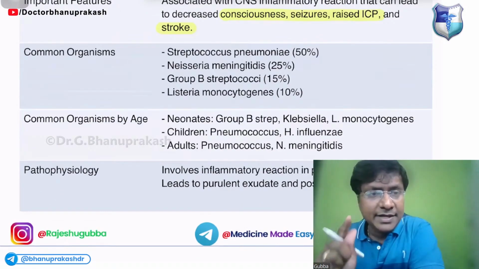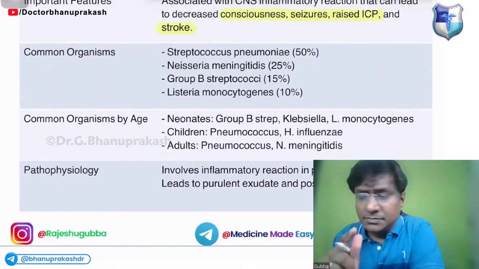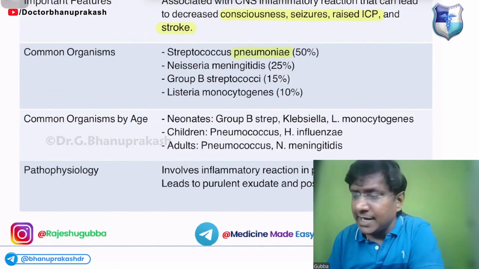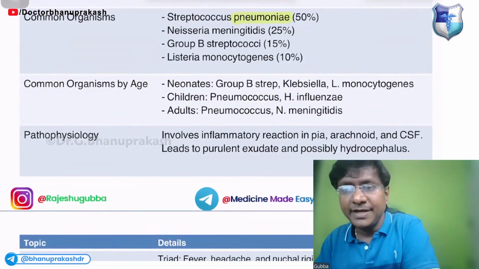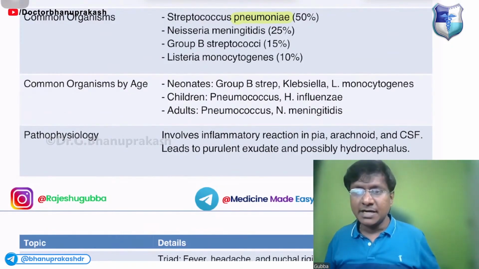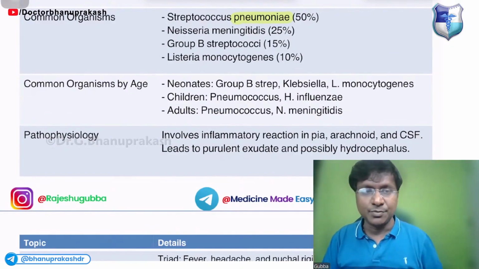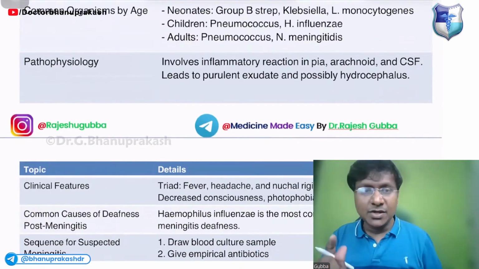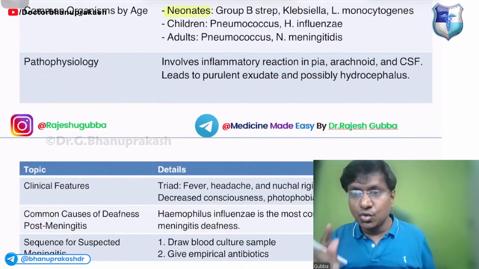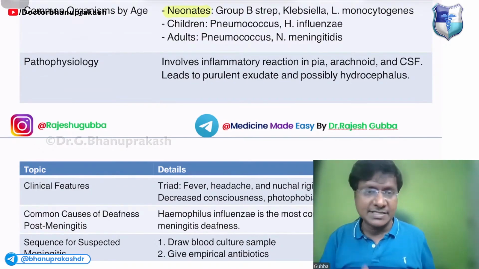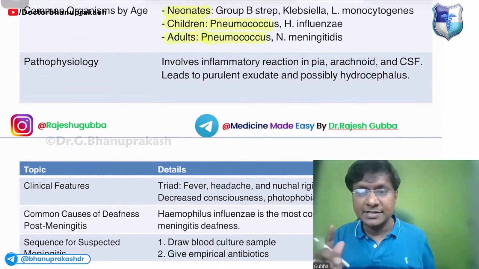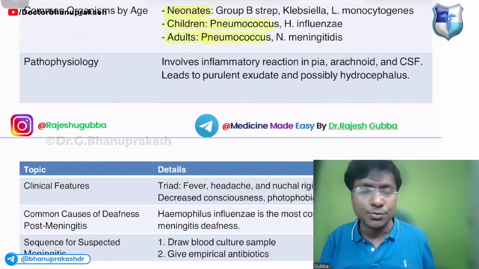Among all the various organisms causing meningitis, the most common organism will be Streptococcus pneumoniae, and apart from that, the other organisms will be Neisseria meningitidis, group B Streptococci, and Listeria monocytogenes. But among all these, the most common will be Strep pneumoniae. Whereas, if you take the organisms age-wise distribution, in neonates, it is group B Streptococci, Klebsiella, and Listeria monocytogenes. Whereas in children and adults, the most common organism will be Strep pneumoniae, that is nothing but pneumococcus.